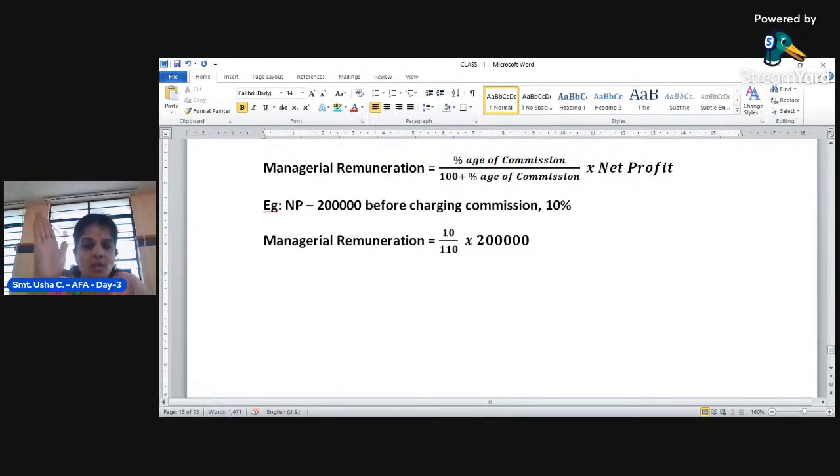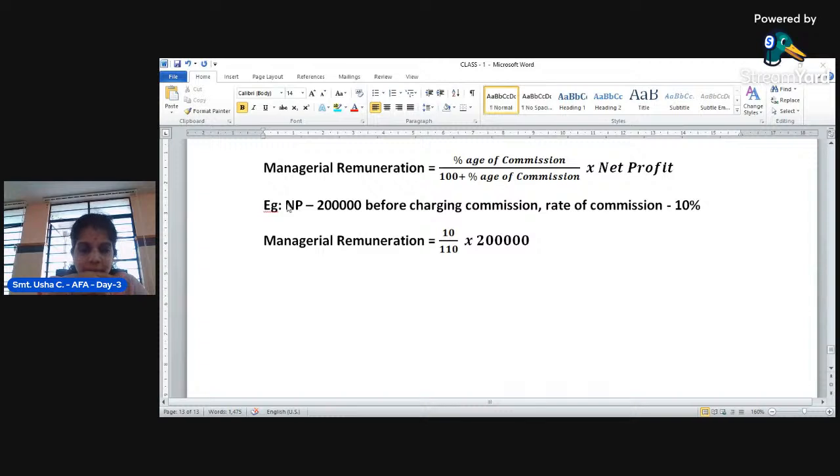Just understand the concept clearly. This is a rate of commission. 2 lakh rupees of net profit is what they have given before charging this commission. Before charging this commission means this amount of 2 lakh rupees is added with 10% of commission.